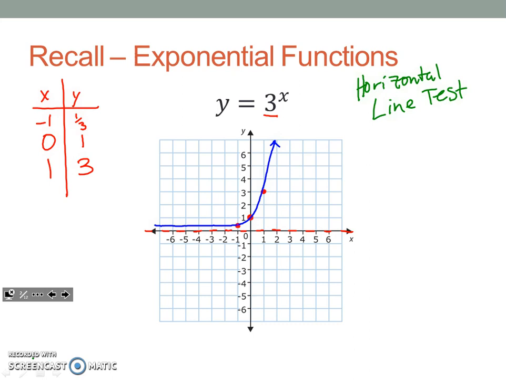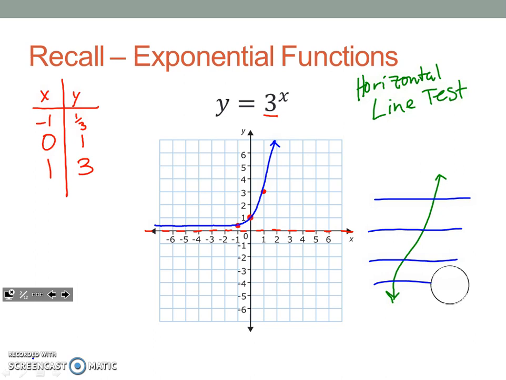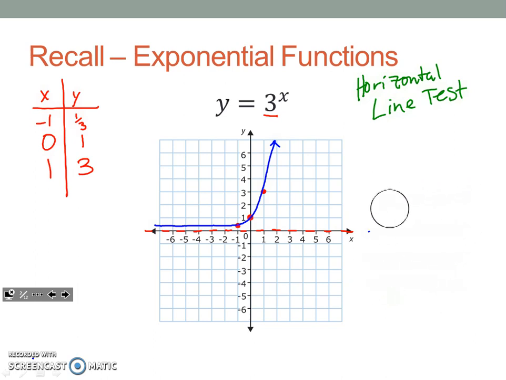So when I looked at my cubic function, your cubic function is a function that looks like this. Okay, if I ran my horizontal lines across, they only hit at one point. And what that told us is that the cubic had an inverse, which the inverse of a cubic function is the cubed root function that looked like that.